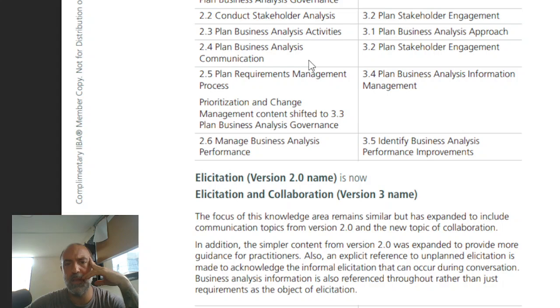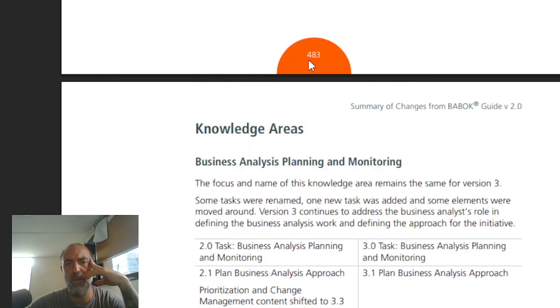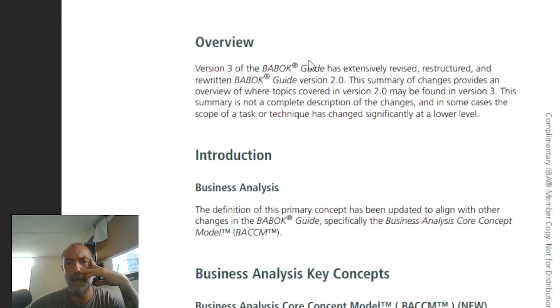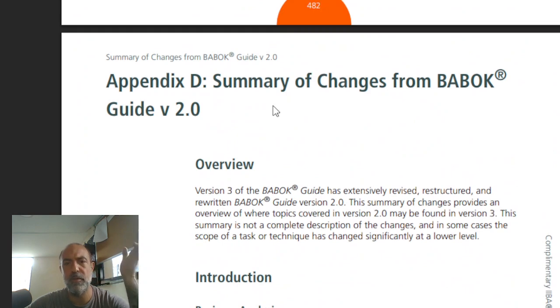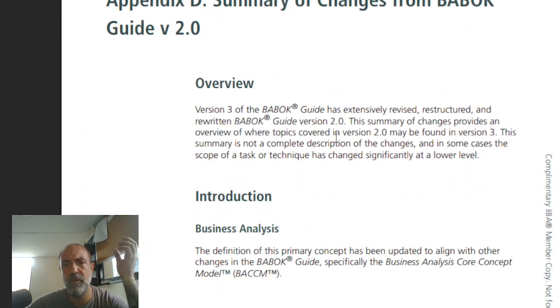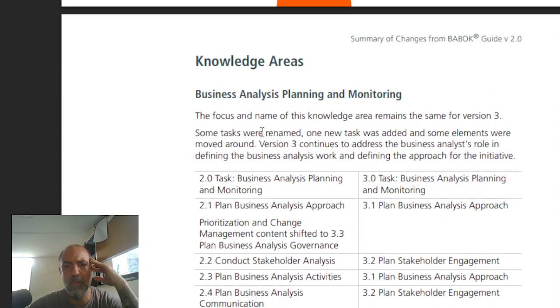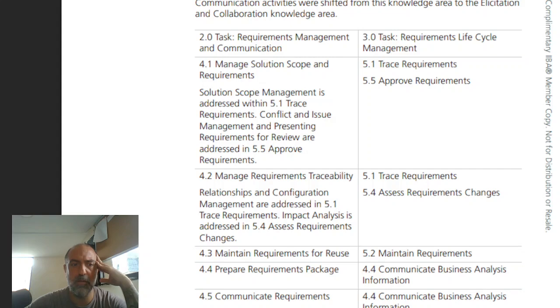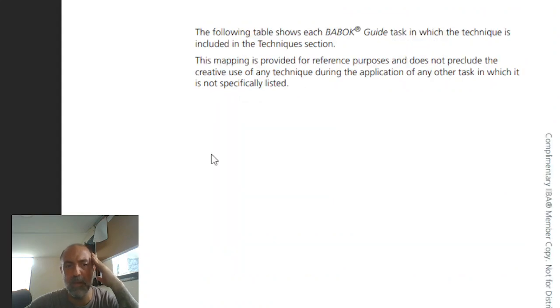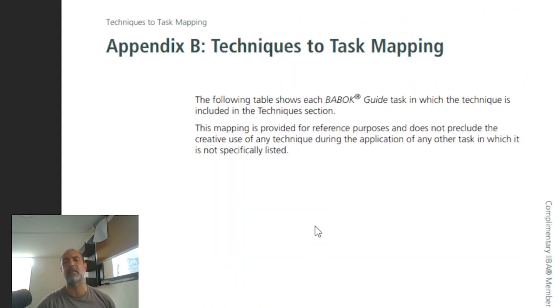Knowledge areas describe the changes. This is version 3. So these are the changes from version 2. Just nerd it out, and ultimately there's the index. So the only thing worth looking at is the technique or task mapping.